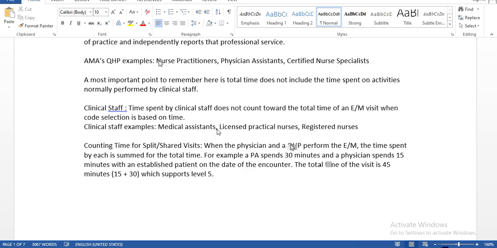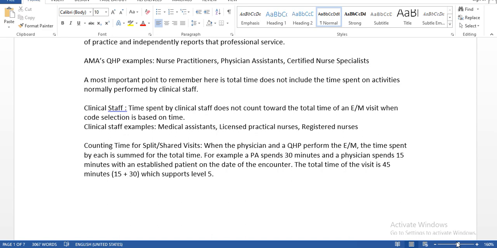If these three categories perform the service or encounter, we can't count their time while coding E&M based on time. Basically, if the QHP performs the encounter, we can count their time for E&M coding. If the clinical staff perform the encounter, we can't count their timing.